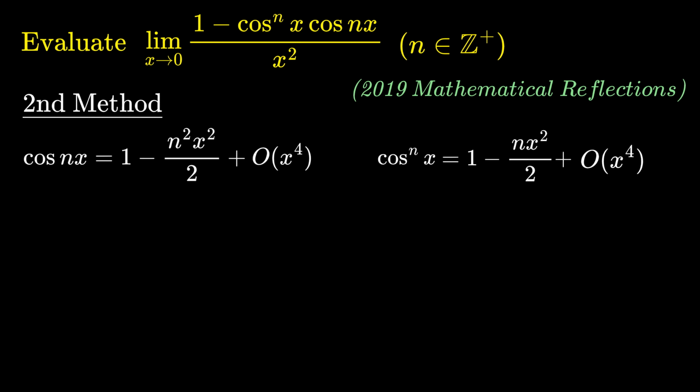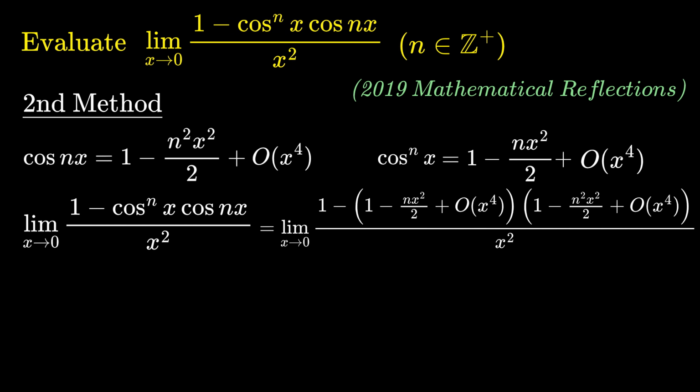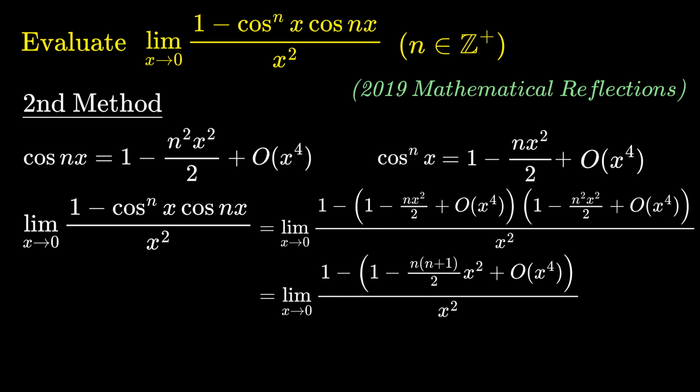Now with these two expressions, we can substitute them into our limit, which after expanding, we see that most of the terms can be absorbed into just an O(x^4). And the terms with degree less than 4 are just 1 minus n times (n + 1) over 2 x squared.